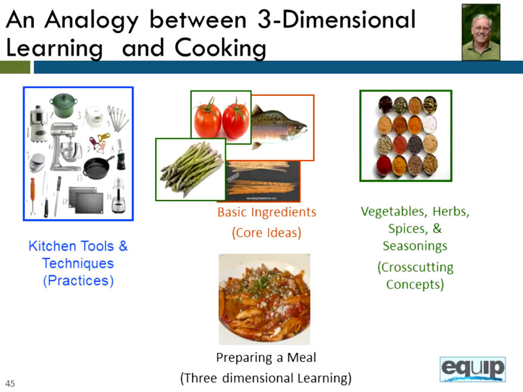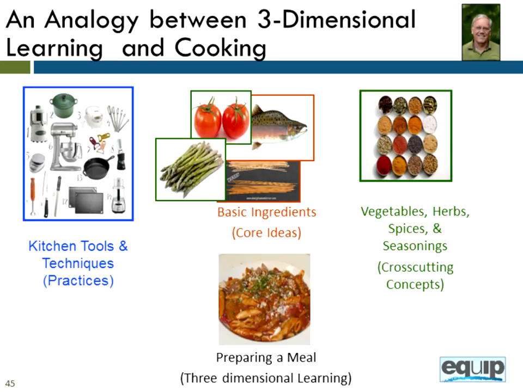Well, what does it take for me to prepare this really good meal so that you would have a wonderful dinner? Well, one thing it takes is I really have to know how to use various kitchen practices, kitchen tools. If I'm going to fry something up, I have to know how to get my frying pan at the right temperature. Otherwise, I'm going to either undercook it or I'm going to burn it.